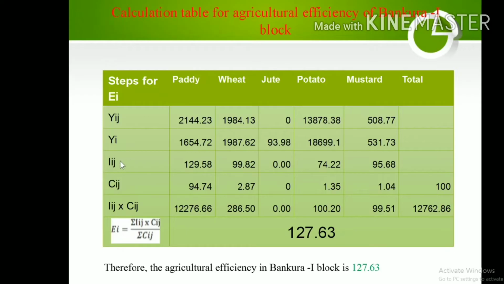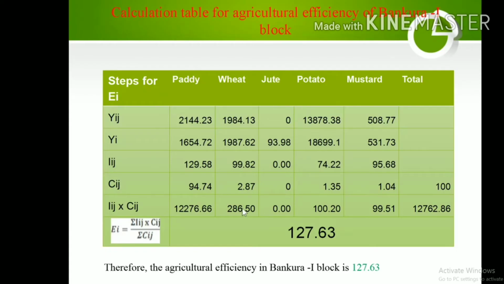After finding the value of Iij and Cij, you have to multiply Iij into Cij. And for every crop, you have to find out the Iij into Cij. The summation of Iij into Cij gives the result of 12762.86. I have already told you the summation of Cij always will be 100.